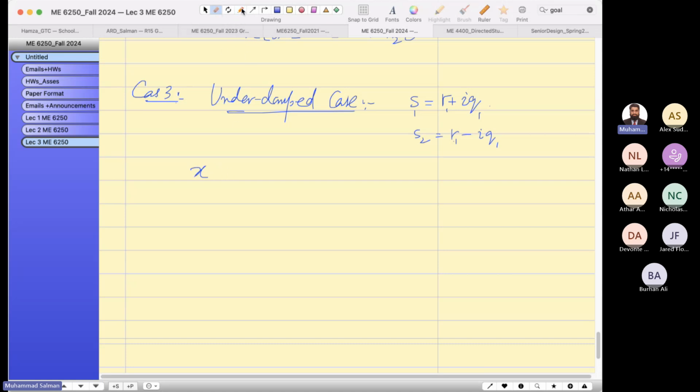At any time, you can trace the displacement of the underdamped system by this formula, A1 e to the (R plus iQ)T. So e to the RT is outside the parentheses.